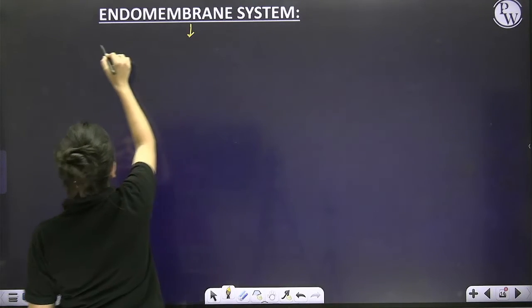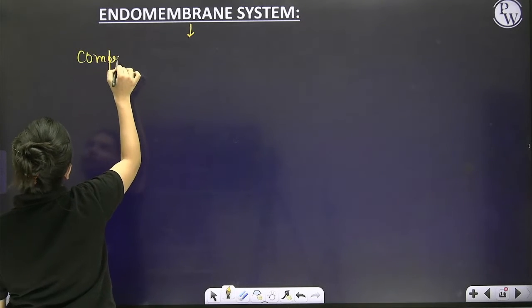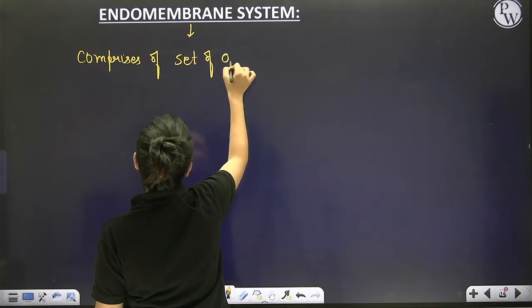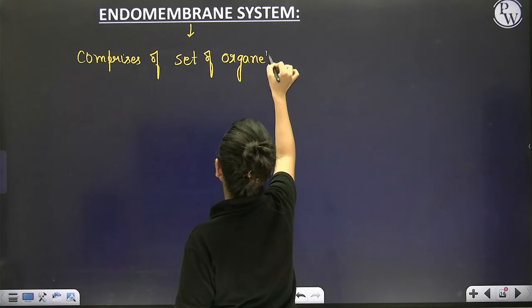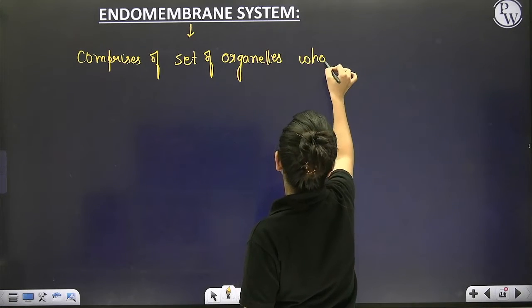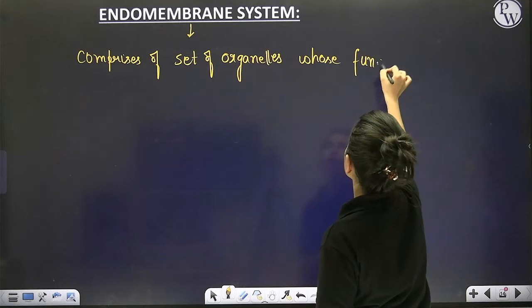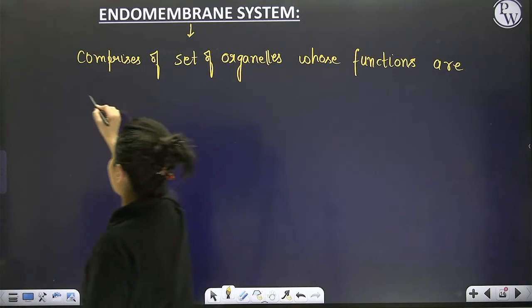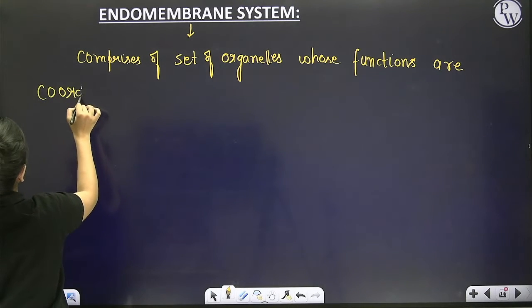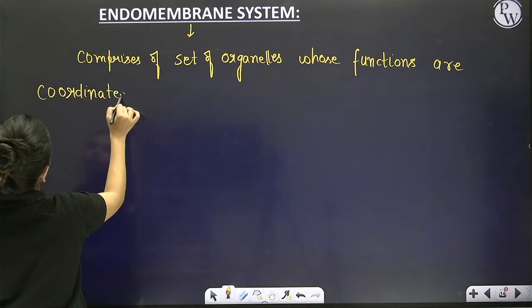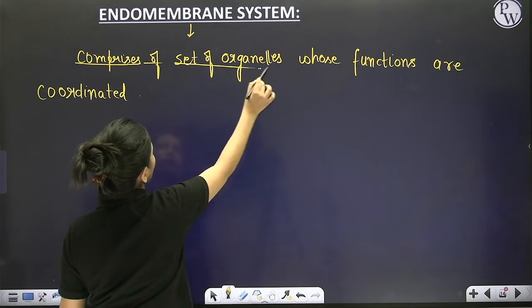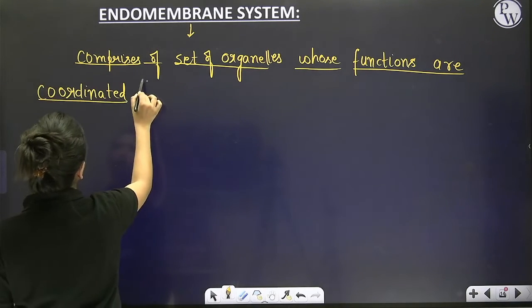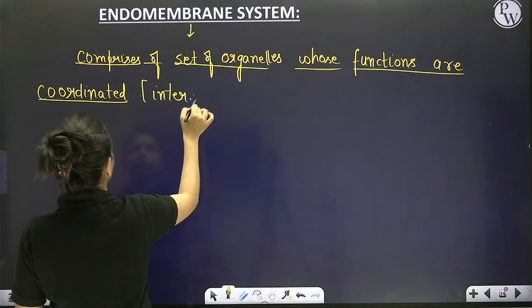The system basically comprises a set of organelles whose functions are interdependent, or you can say coordinated.